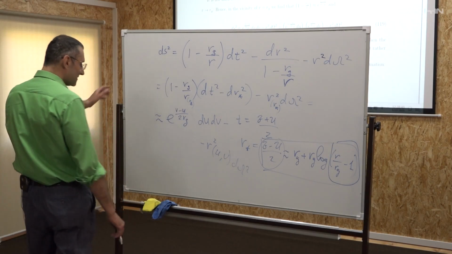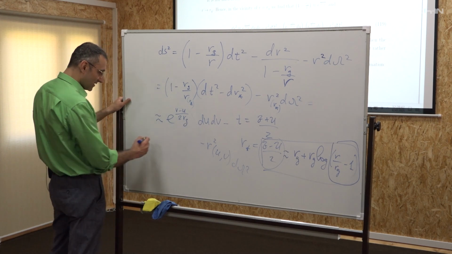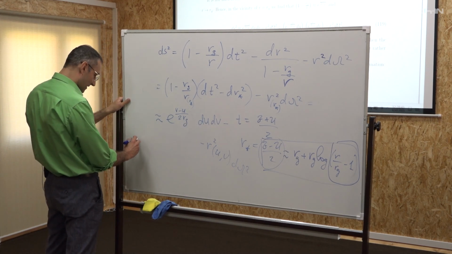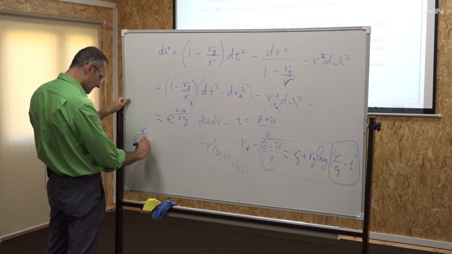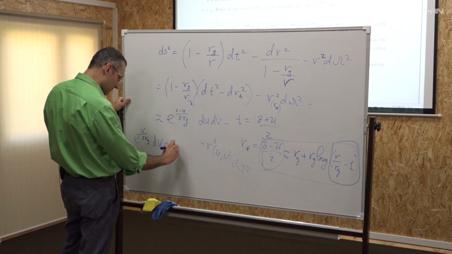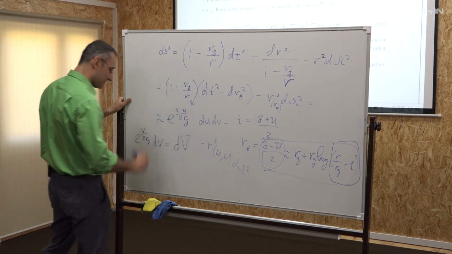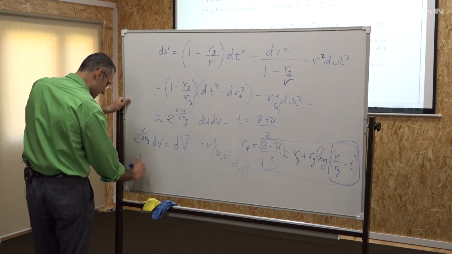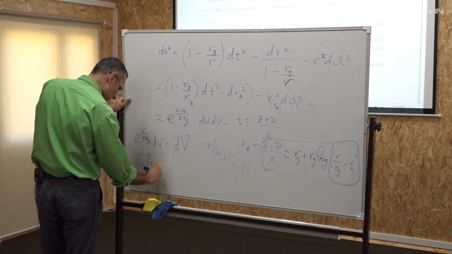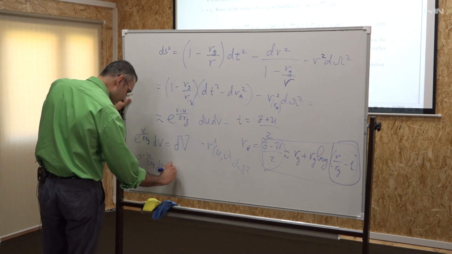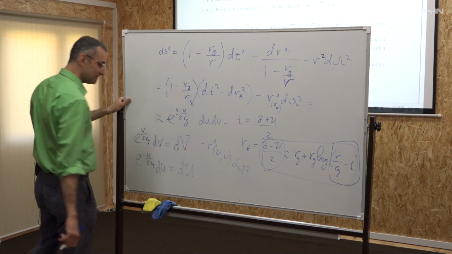That is a hint. You see, it's a very easy exercise that I can, for example, instead of dv, use the following thing. I can name it dv big, and du big.